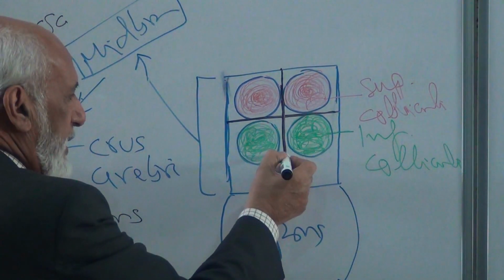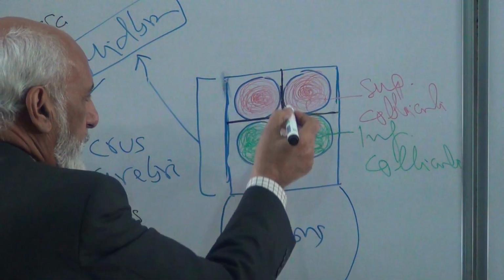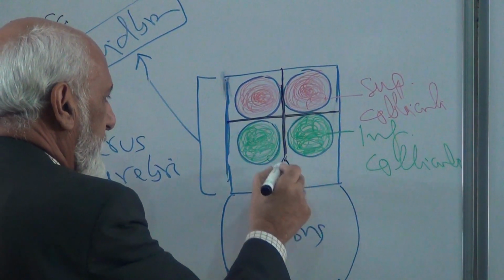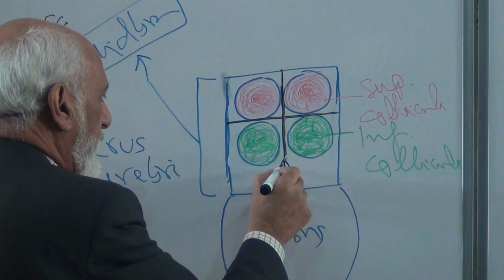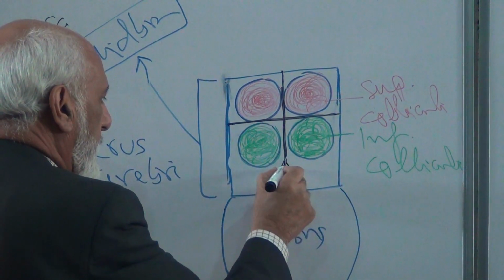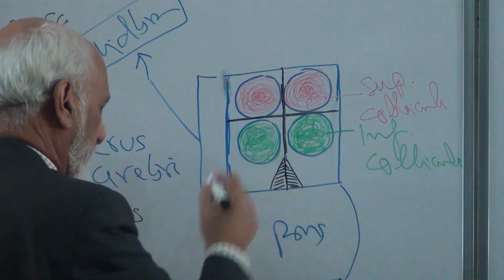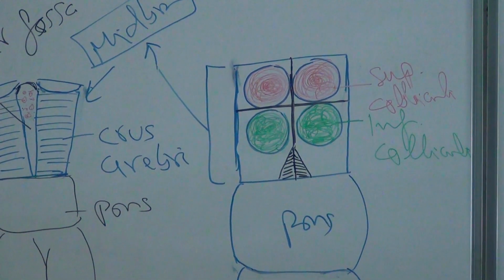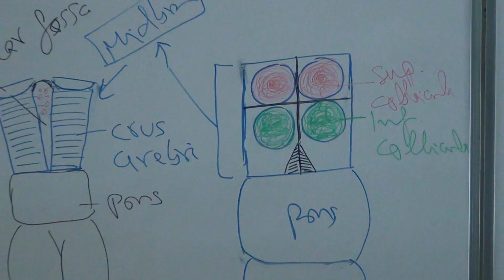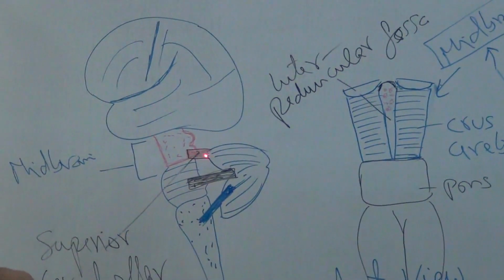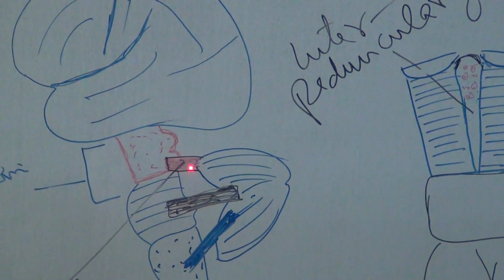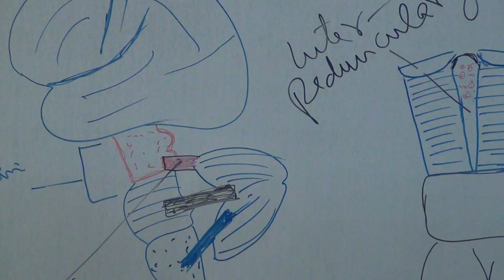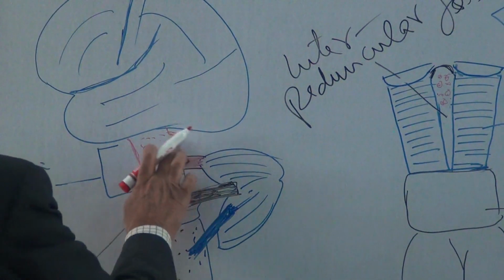And if we trace the lower part of the vertical part of the cruciform sulcus, it is converted into a ridge called frenulum vellae. And as I told you, the cerebellum is connected to the midbrain by a pair of superior cerebellar peduncles. So these peduncles enter the midbrain below the level of inferior colliculi.